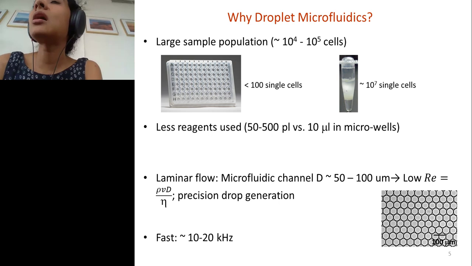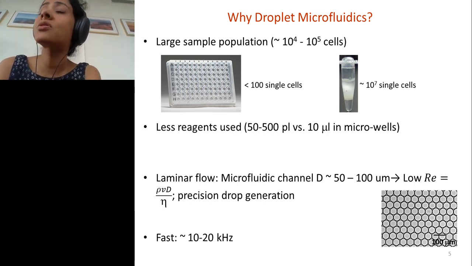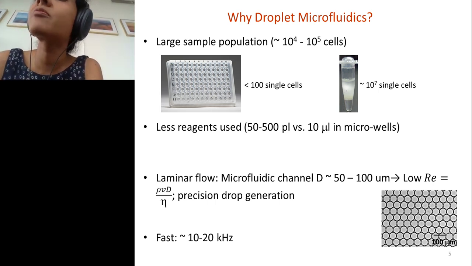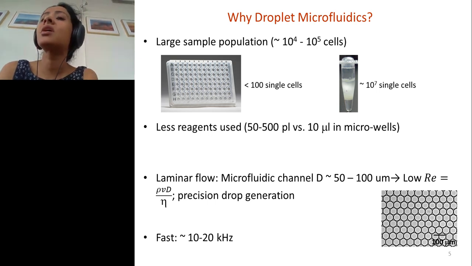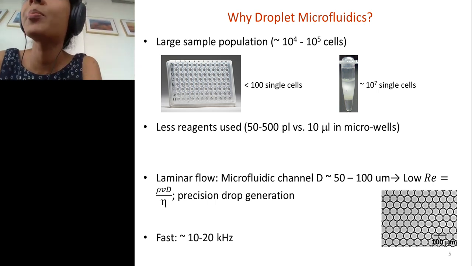Not only does it allow us to scale up the number of cells we can process at a given time, but we can also use very, very little reagents. Now, people who work in biology or in genetics, we know how costly enzymes are. This kind of scaling down of the reaction compartments from 10 microliters to say 50 nanoliters allows us to save on reagent cost, which is important because we are doing 10,000 such reactions, and these numbers quickly add up.